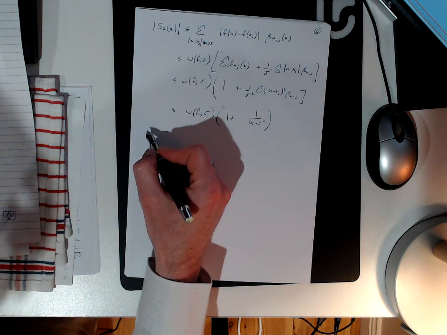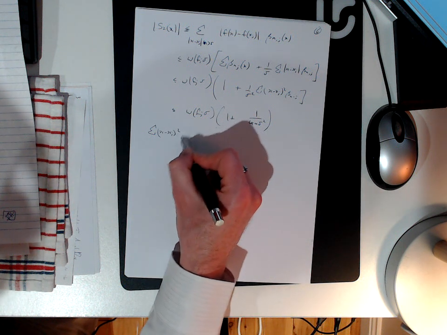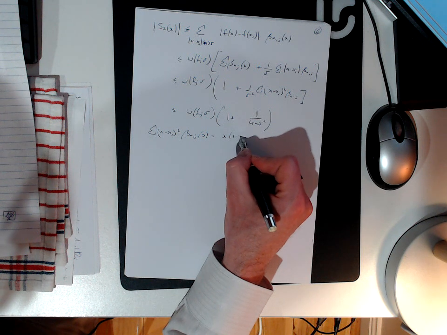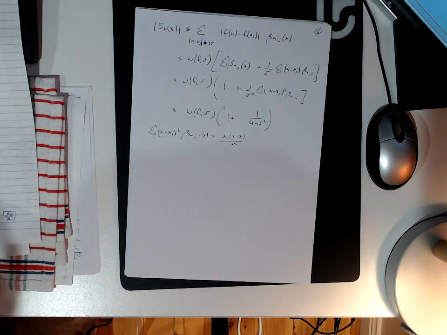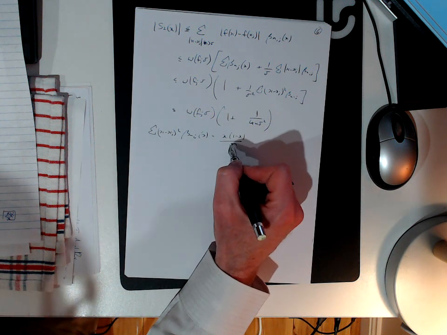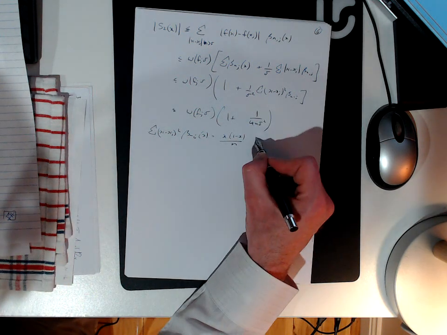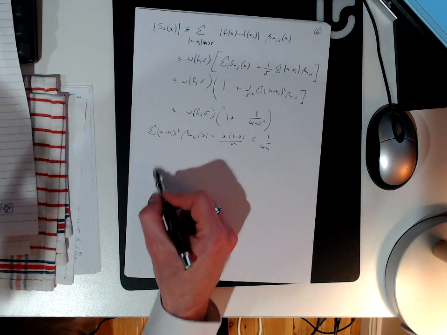That requires some careful thought, and it boils down to saying that the sum of x minus xj squared times beta nj(x) is equal to x(1 minus x)/n. Think about it from the conditions that we've given already. And this is less than or equal to 1 over 4n by just considering the maximum value.